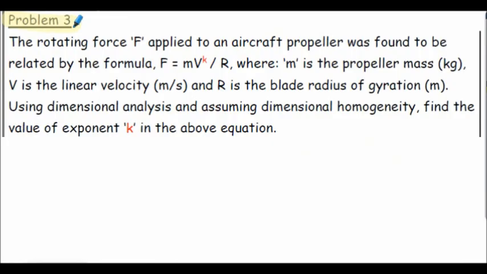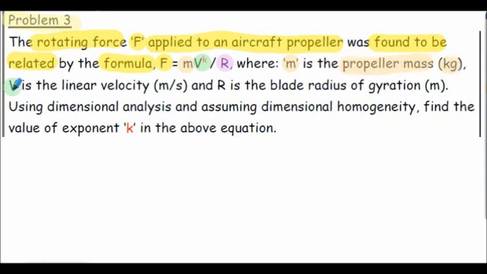Here's problem 3. The rotating force, capital F, applied to an aircraft propeller was found to be related by the formula F is equal to mv to the power k divided by r, where m is the propeller mass in kilograms, v is the linear velocity in meters per second, and r is the blade radius of gyration, meters.